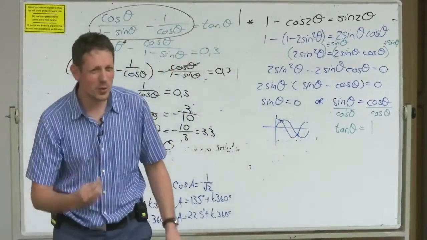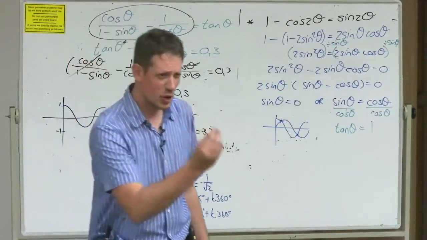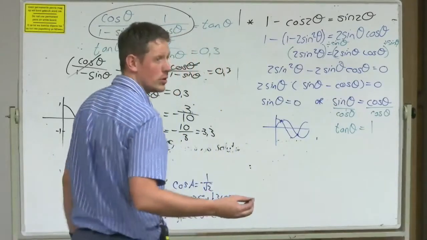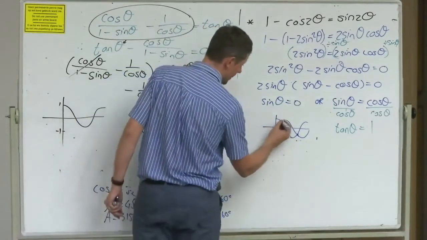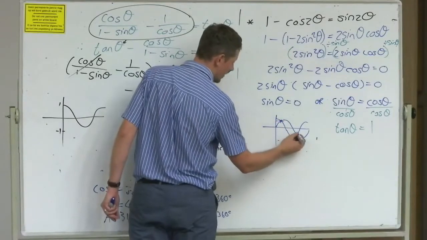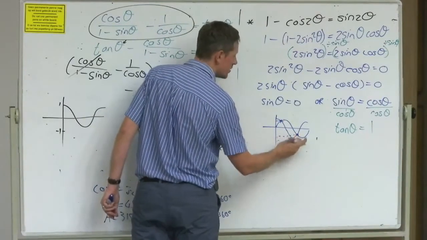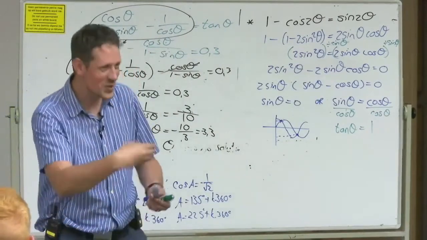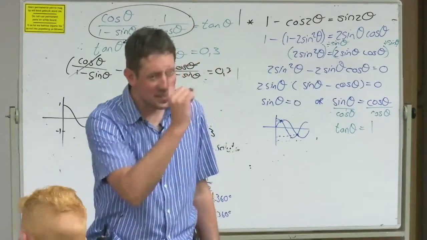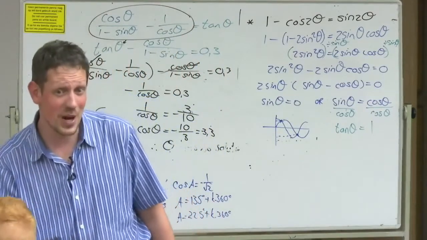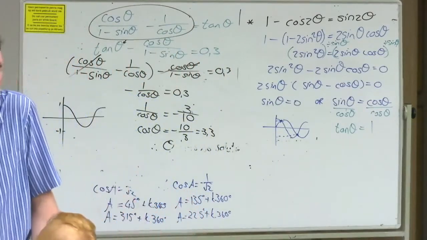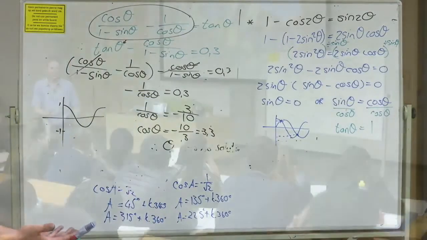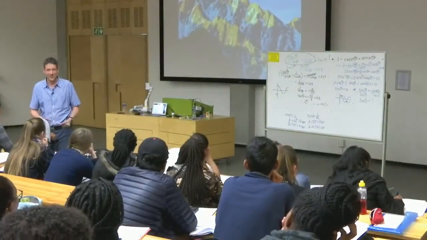Is it a possible solution that cos theta could be 0? No, because here and here, neither of my two functions are 0, so it's not a possibility. That's why we're allowed to divide by cos there, because cos theta equals 0 is not a possible solution for the equation. You've got to be careful.